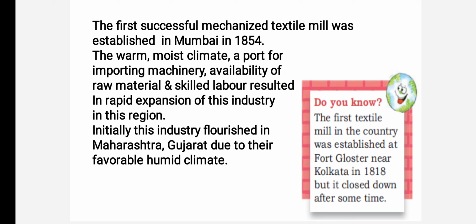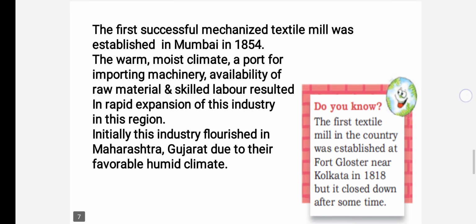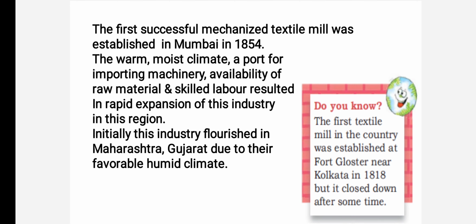So afterwards we started creating artificial humidity, children. That's why it spread to the remaining parts of the country. And raw cotton is pure and not a weight-losing material, so it can be supplied to all parts of the country so that they can create any kind of cloth in any kind of area.